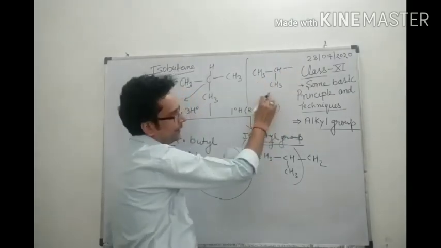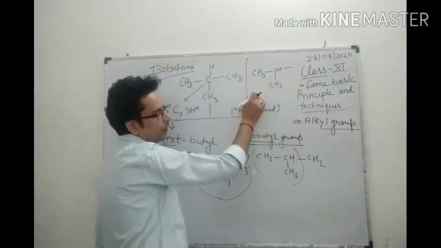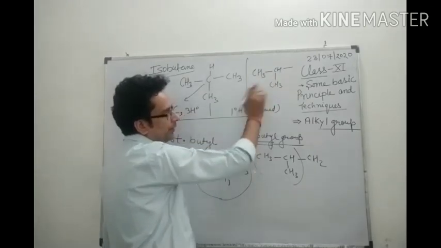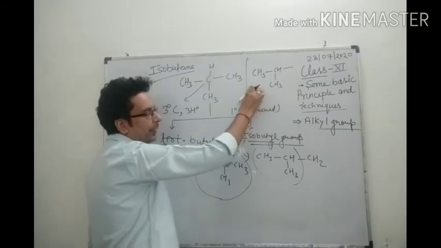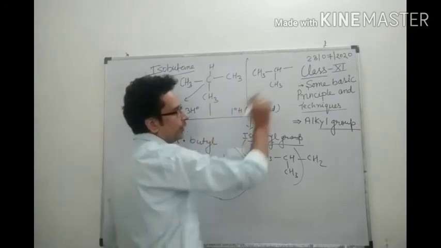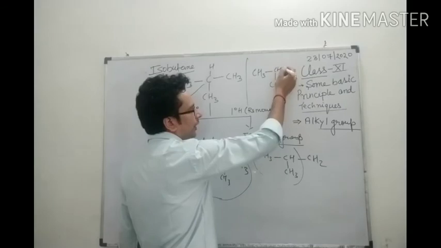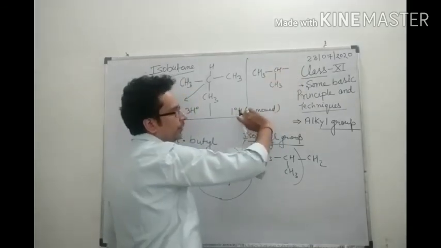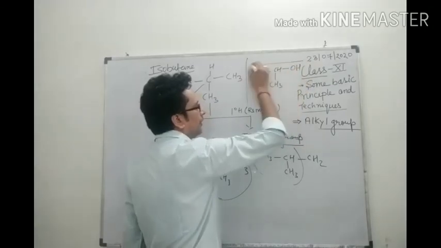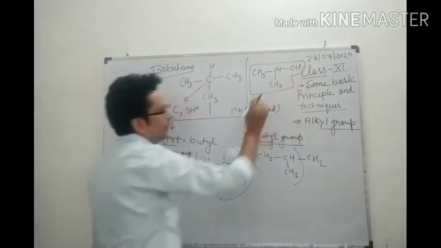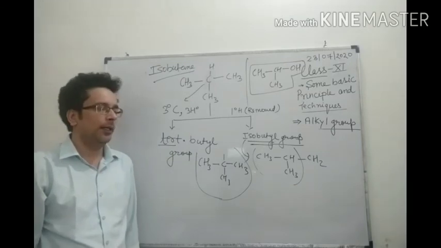This is the condition for iso. Calculate the total number of hydrogens: 1, 2, 3. This is the isopropyl. And the question is isopropyl alcohol. One hydrogen is removed from this secondary carbon, so combine OH with this carbon. This is the structure of isopropyl alcohol.